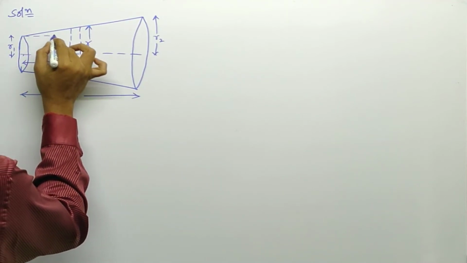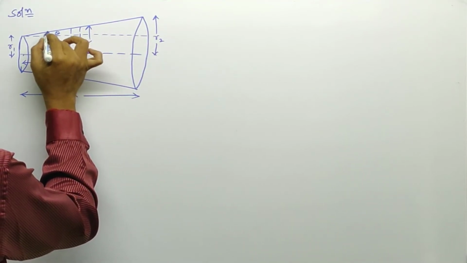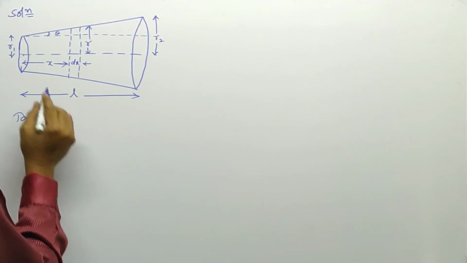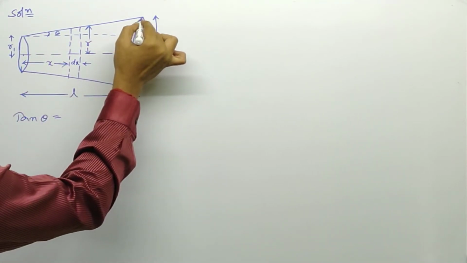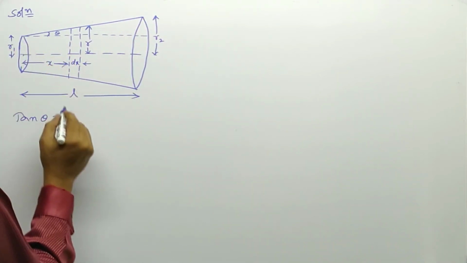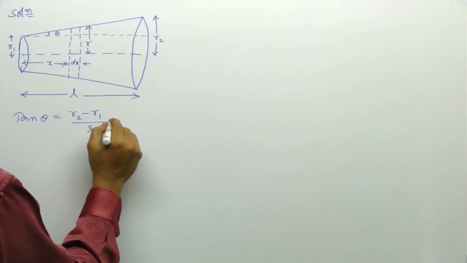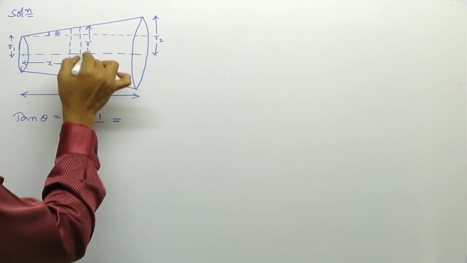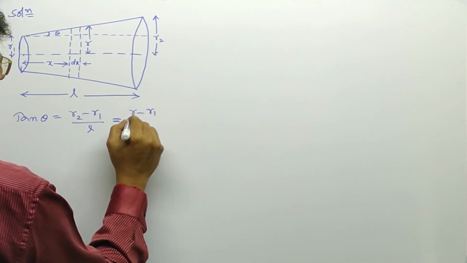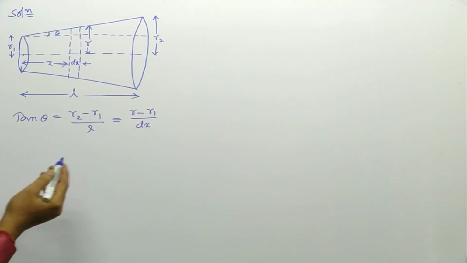If we draw this straight line, here let us take angle theta. In the diagram, tan theta is equal to opposite side by adjacent side. Opposite side, total is R2 and up to here is R1, so R2 minus R1 divided by L. Or tan theta can also be written as R minus R1 divided by x or dx.